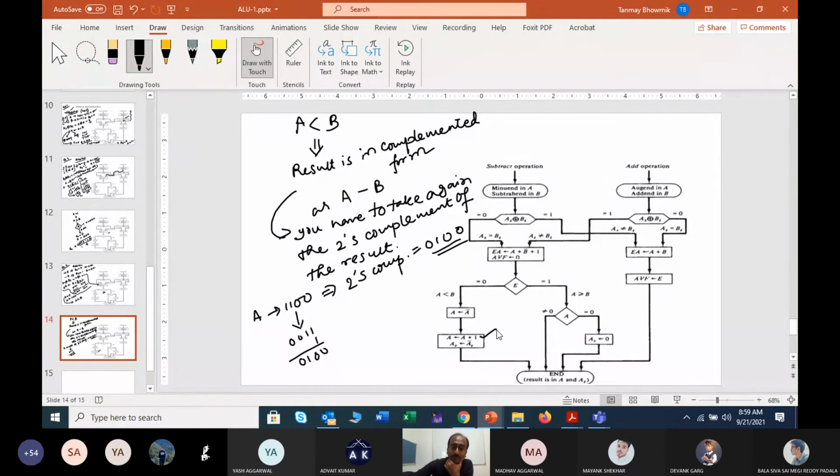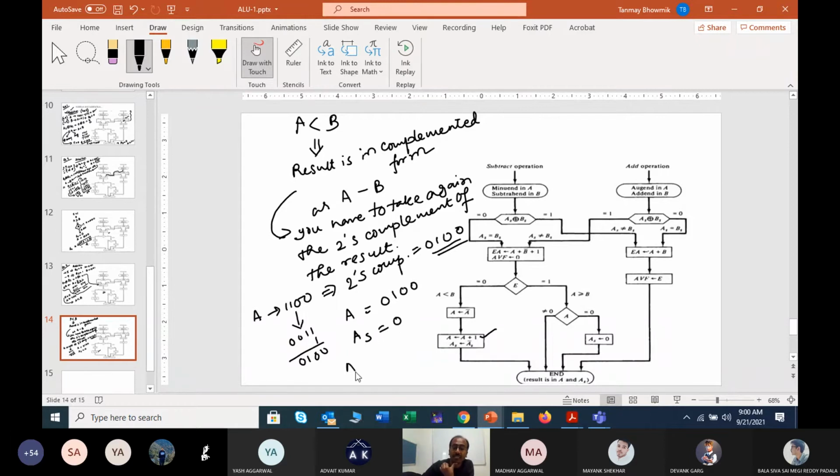Okay, A is A complement plus 1. So right now, what is your A after taking the complement? Right now your A is 0100, and what should be in the sign bit? You can see here AS is storing now the complemented form of AS. So initially your AS was 0.